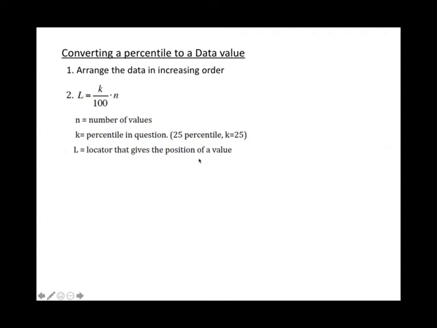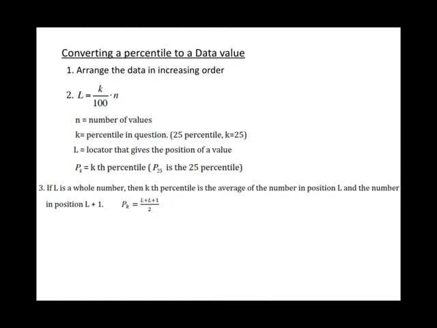And then the L gives the position of the value. Keep in mind, highlight this one: the L is not your final answer. It tells you what the position of the value is. If L is a whole number, like 1, 2, 3, 4, 5, then the K percentile is the average of the number in position L and the number in position L plus 1.